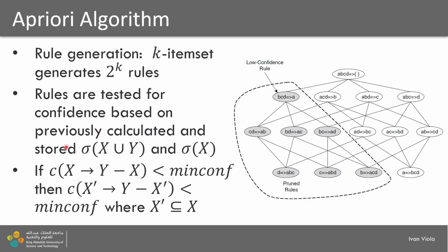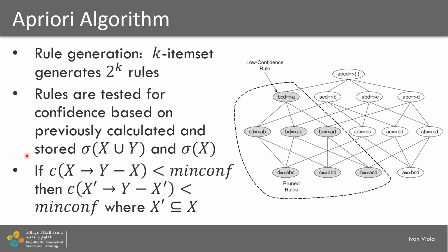We have it already stored, and from that we can calculate the confidence. For some cases the confidence might be high, and for some cases the confidence might be low.